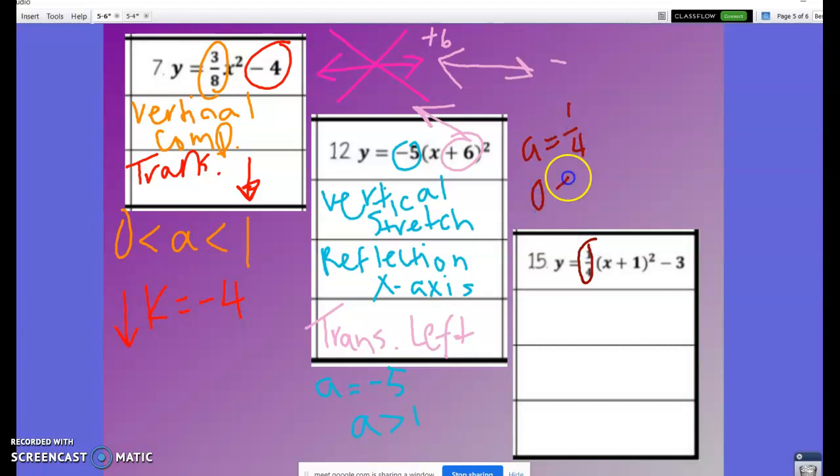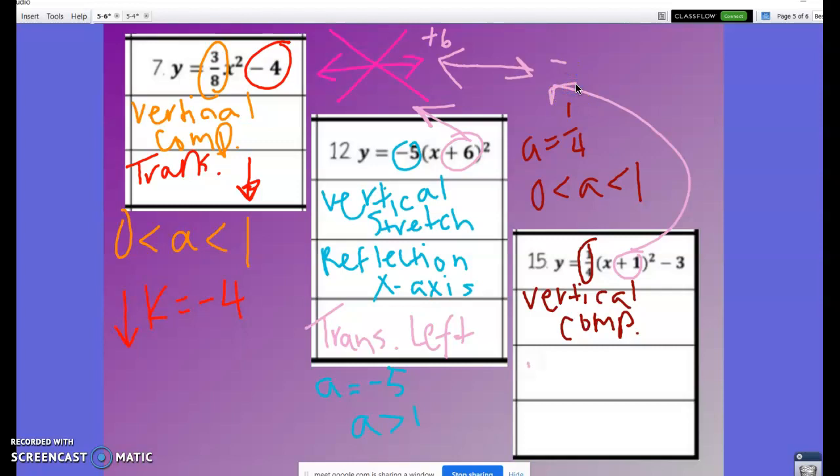All right, so our last example is number 15, and our a value is 1/4, which is between 0 and 1. So that's going to tell us that it's going to be a vertical compression because it's going to get wider. Then inside the parentheses, we have that +1, which if we look up here, inside the parentheses tells us left or right, and plus actually tells us left.